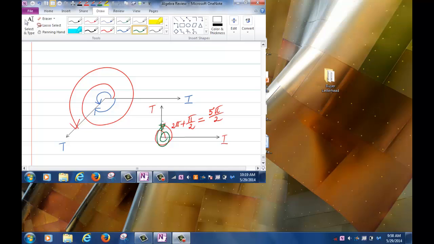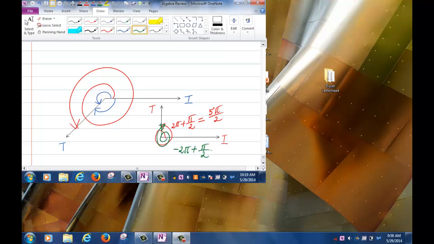One complete revolution is negative 2 pi, and then when you add pi over 2, you go counterclockwise because you're adding pi over 2. So what I'm saying is that the green angle is negative 2 pi plus pi over 2, right? You guys agree with that? Or in other words, it's negative 3 pi over 2, right?